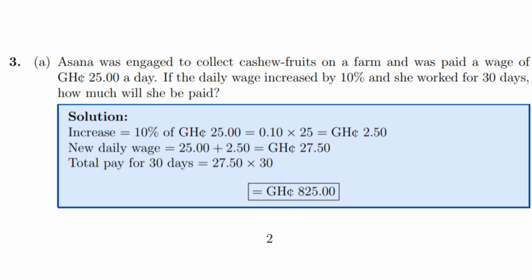The total pay for 30 days is 27 cedis 50 pesewas times 30, which gives us 825 Ghana cedis.